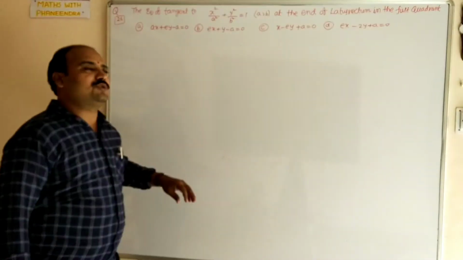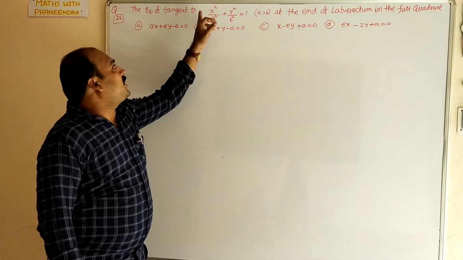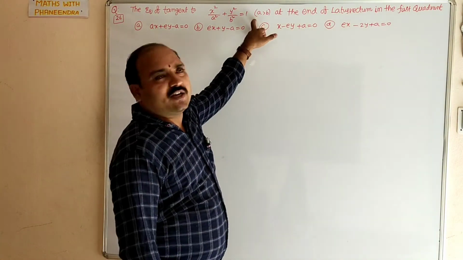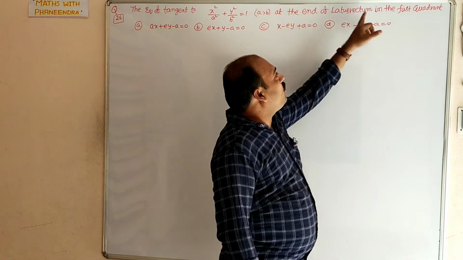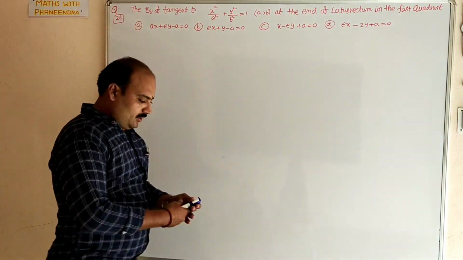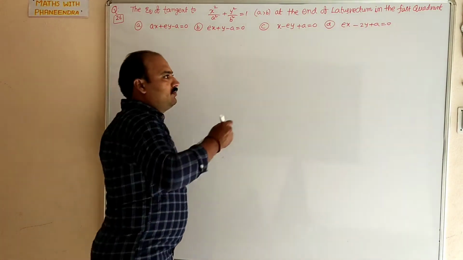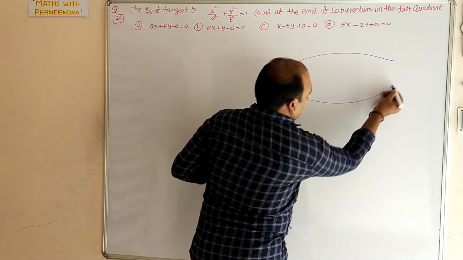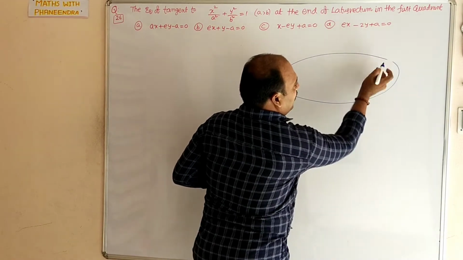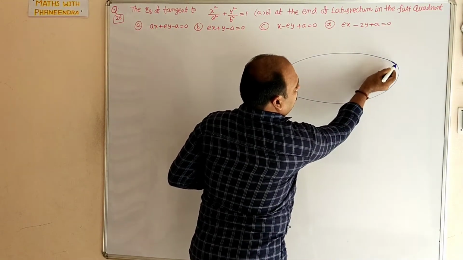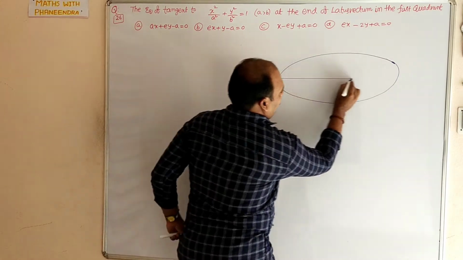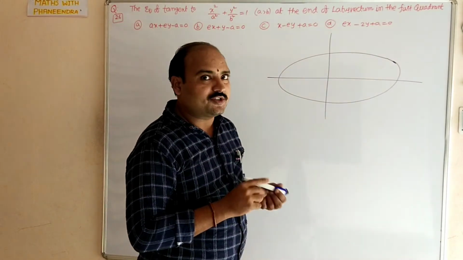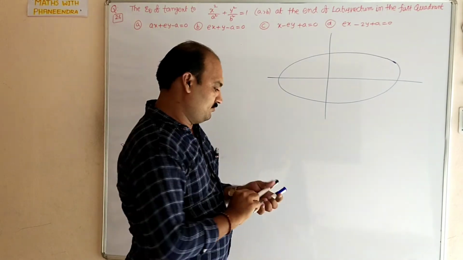The next question: the equation of tangent to x square by a square plus y square by b square equal to 1, when a is greater than b, at the end of latus rectum in the first quadrant. See, dear students, you have to remember, in this question I will explain all the cases. This is the equation of ellipse. The ellipse has two latus recta.